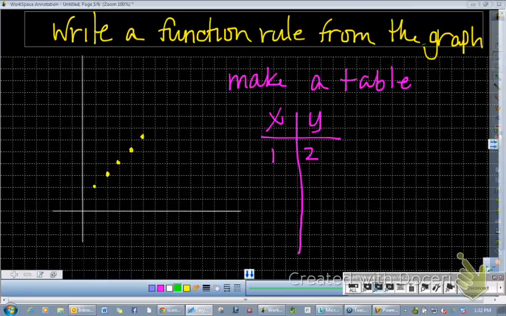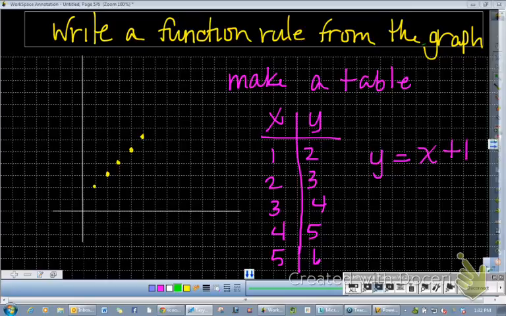What's my next one? Okay, so when I write my function rule, how do I get y? What happens to x to get y? Good, you take x and you add 1 every time. 1 plus 1 is 2, 2 plus 1 is 3, 3 plus 1 is 4, and so forth. And so that would be your answer. That's your function rule.